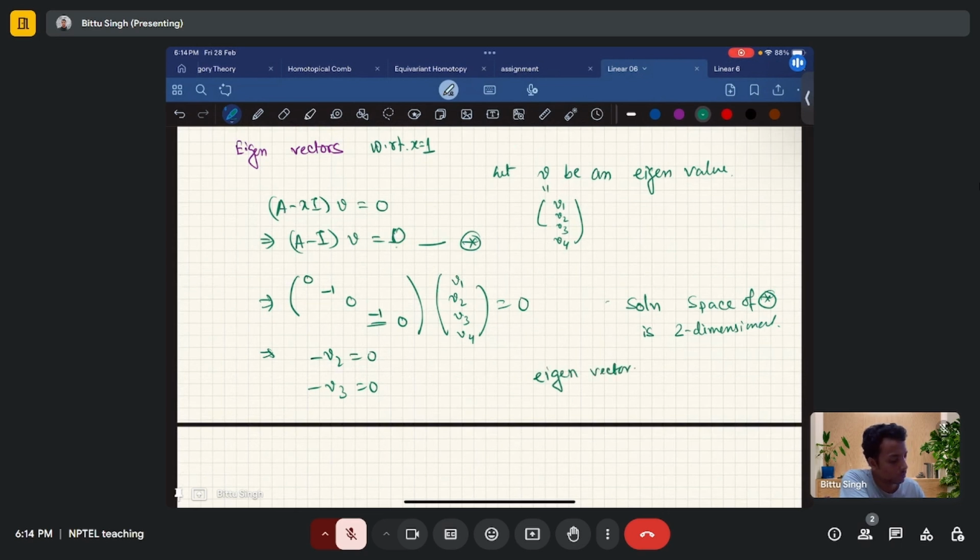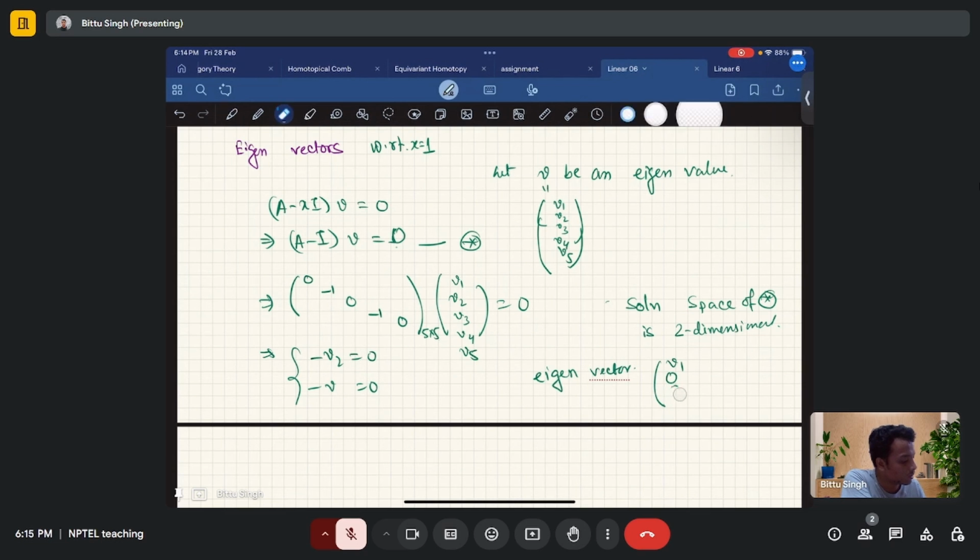Now explicitly we can write the eigenvector. Here we get those two relations. It will look like v1, v2 and v3, but sorry, it is v5. There are 5 vectors. It is a 5 by 5 matrix. So we get those two relations, corresponding to the second row and fourth row. So v2 and v4 are actually 0.